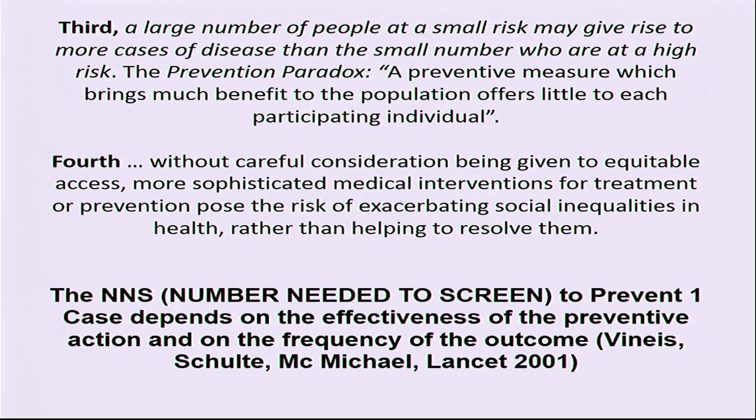And once again, all these problems have been formalized by epidemiology, for example, in the concept of the number needed to screen or to treat, which doesn't depend only on the effectiveness of the preventive action, but also on the frequency of the outcome. And this is still an unresolved problem that precision prevention will not solve easily.